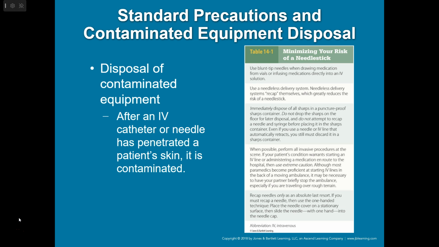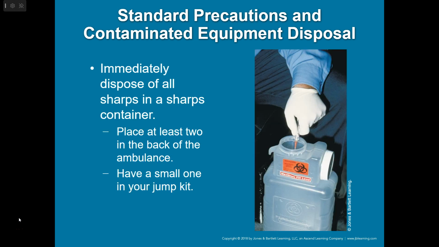I think most systems probably use some sort of needleless delivery just to try to reduce the number of needles once you get that IV established. So try not to recap needles. Just throw them straight into the sharps. Don't recap them, if at all possible.